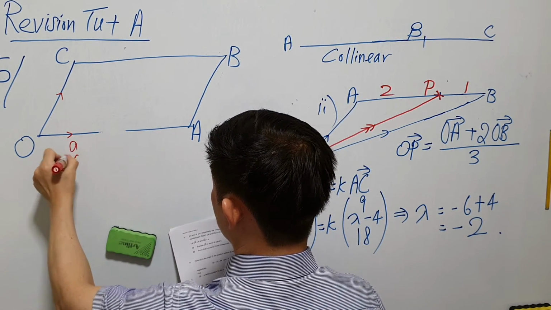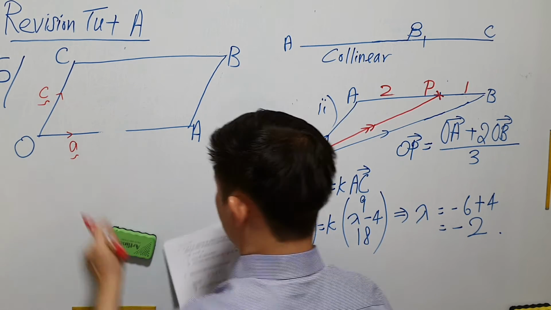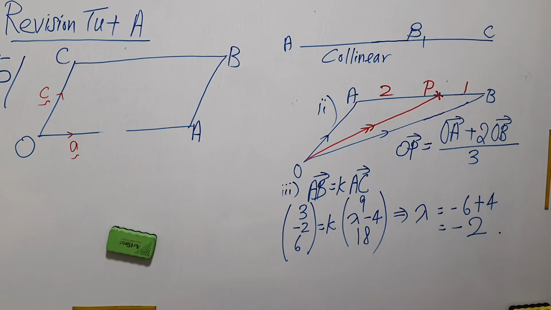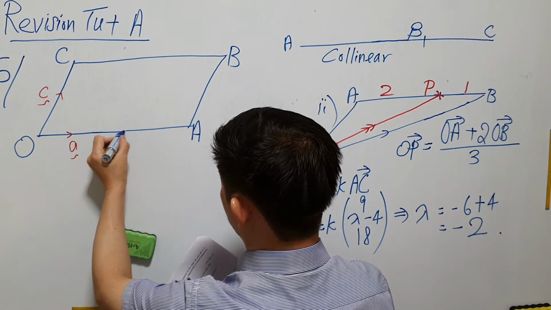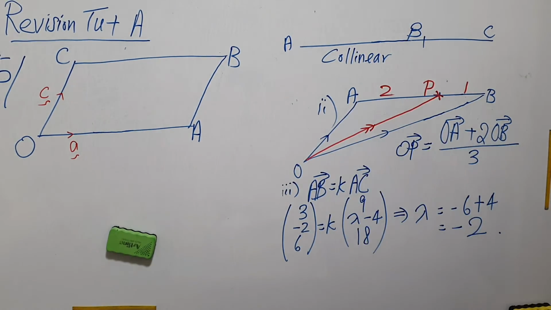Then this is vector C. And in this diagram we are told there is a point M on OA and N on AB.